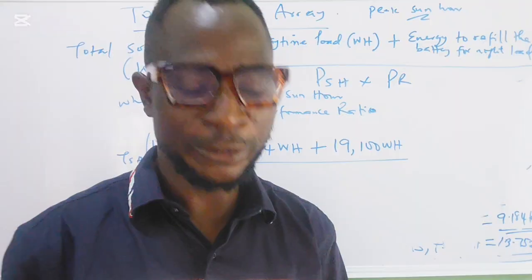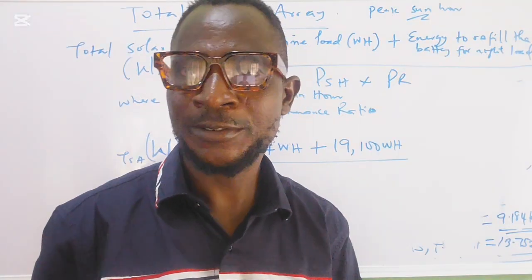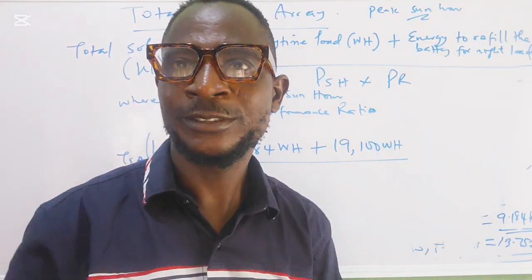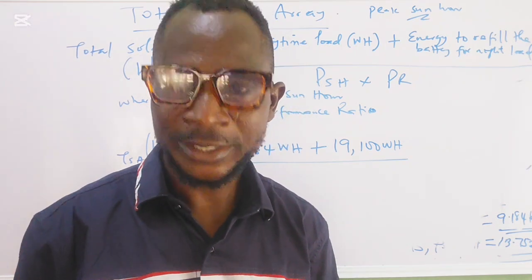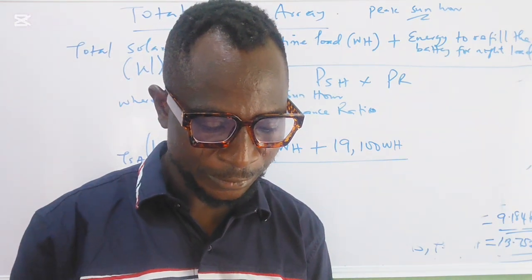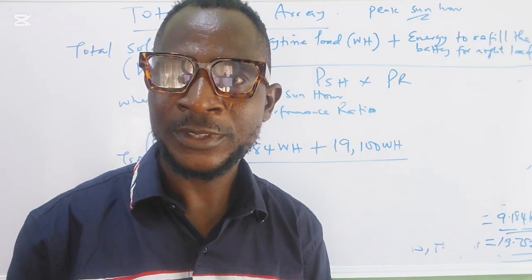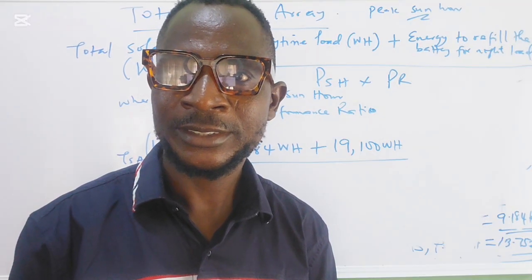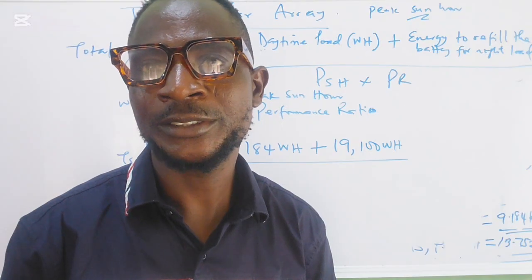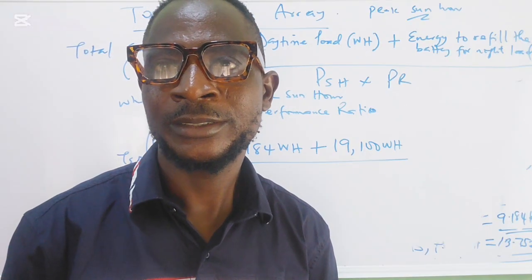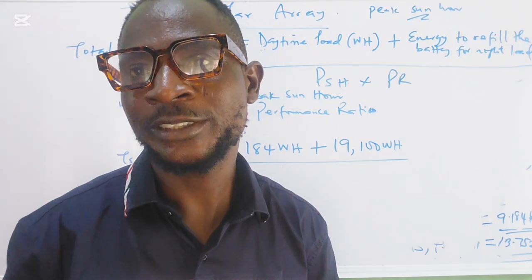Normally the sun peaks from 10 to 3, that's 10, 11, 12, 1, 2, 3. So we use 4 hours as our peak sun hours, although it all depends on the location.